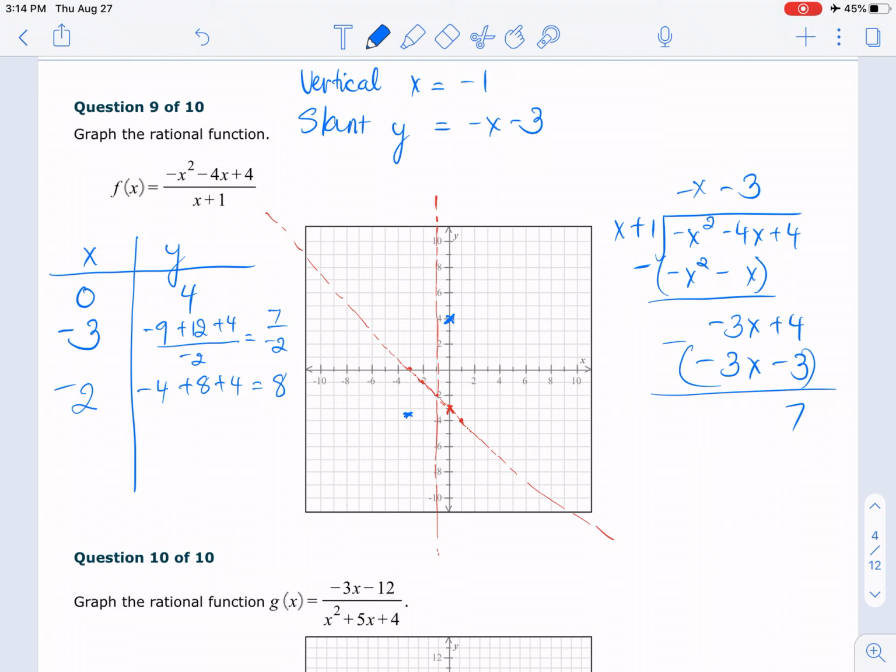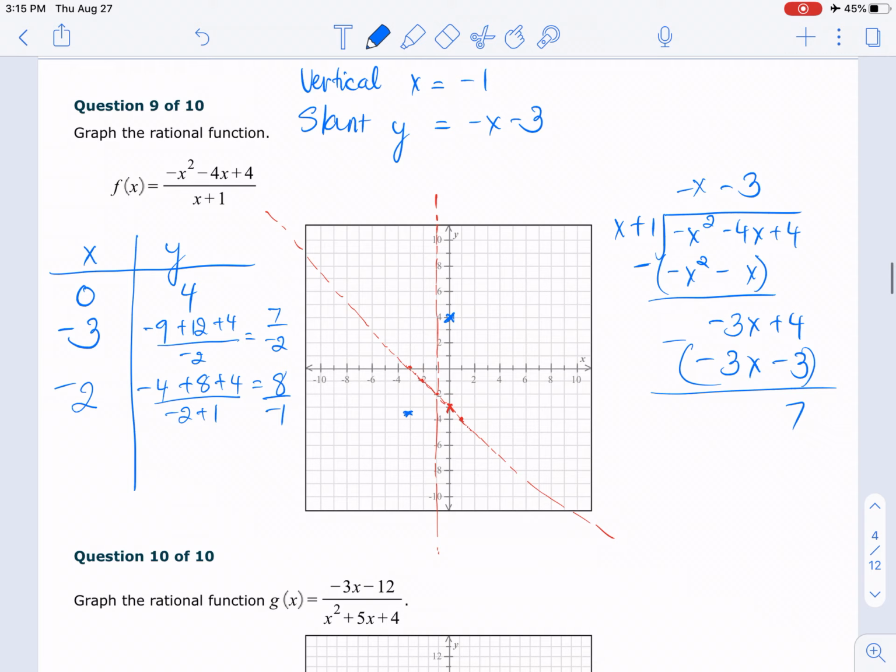Then divide by negative 2 plus 1, so divide by negative 1. So for negative 2, we get negative 8. Okay, so it's right here. So the graph is going to be like this.